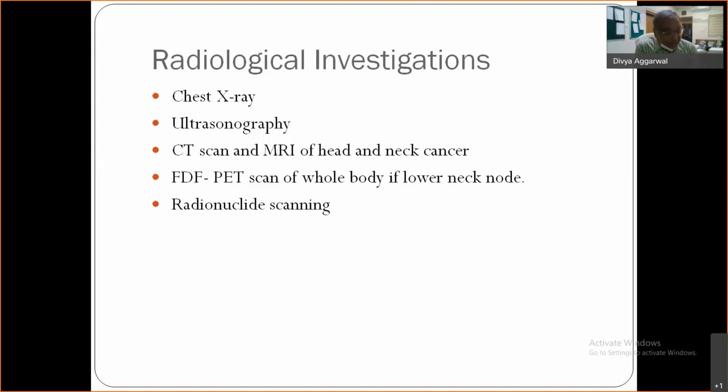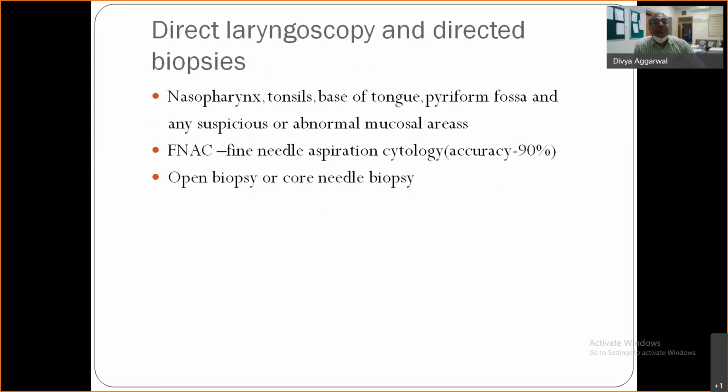You would direct your attention to the tongue base and the tonsil. And if after going through all this you have not been able to catch the primary, then you would go in for a chest X-ray, an ultrasound, a CT scan or an MRI of the head and neck, an FDG PET scan of the whole body, and radionuclide scanning.